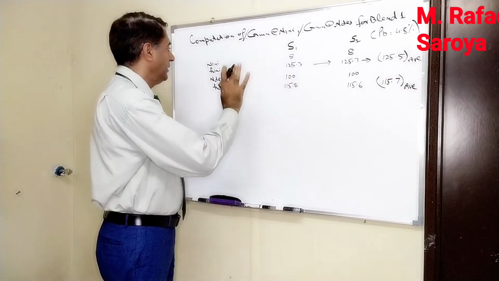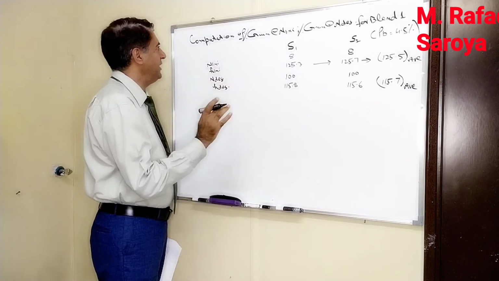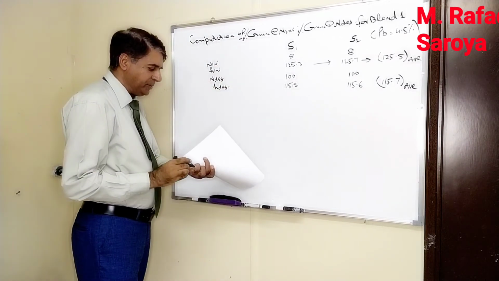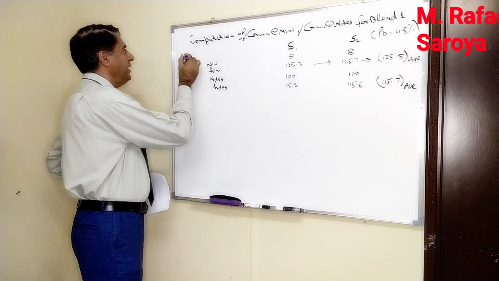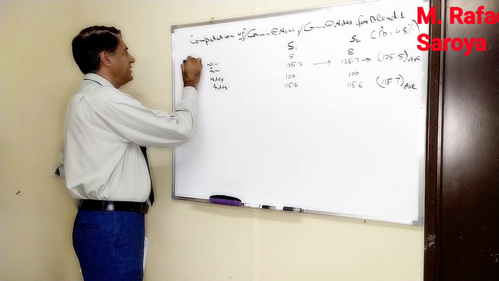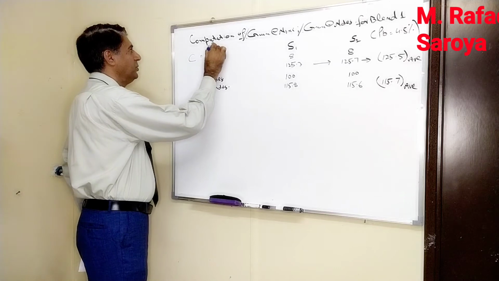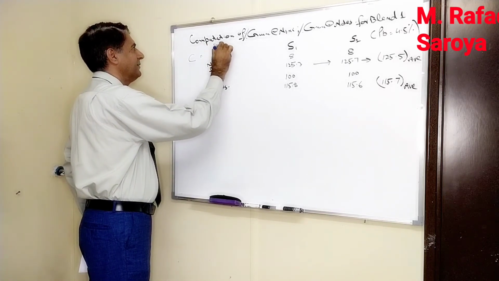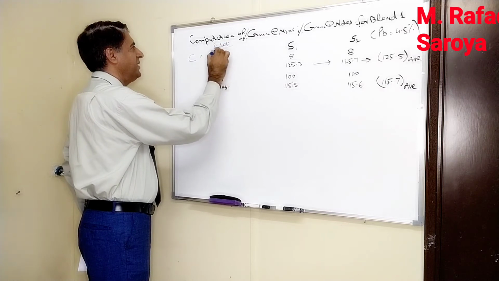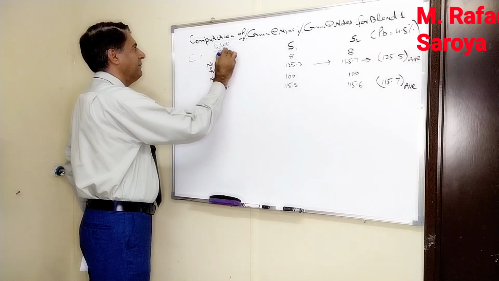Next, we have the two heights. As I have already explained to you, when the two heights are available to us, we can find the value of C. It is equal to H N design divided by H N initial.